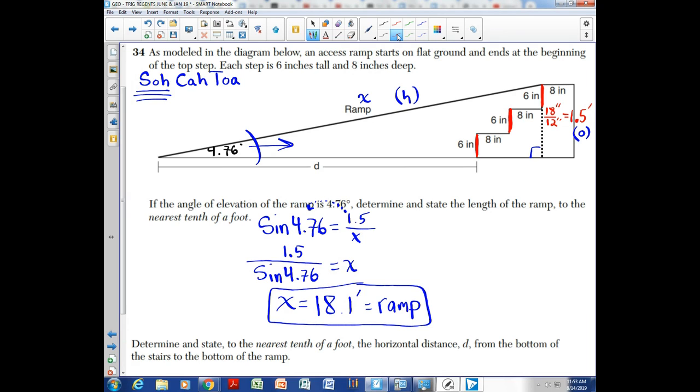Now, we already used x here, so I'm going to use y to talk about the distance from all the way over here to all the way over here. I'm going to say, well, this is, say, y. And I could figure out this little distance from, say, here to here by adding 8 plus 8, which is going to be 16 inches, but I'm going to be dividing that by 12 to keep that in feet.